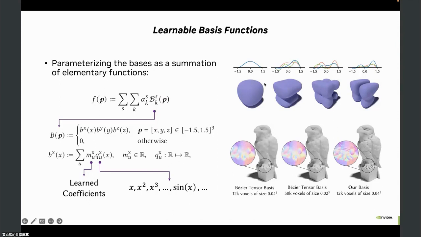As you can see, the very naive basis function used in the Poisson surface reconstruction work is this bell-shaped function. By incorporating learnable coefficients into these basis functions, you could get many different shapes.